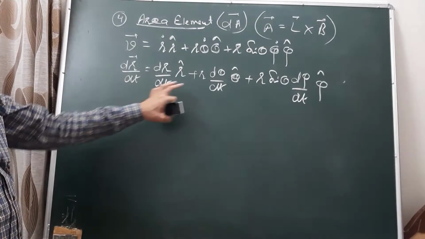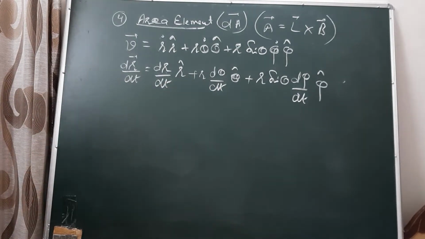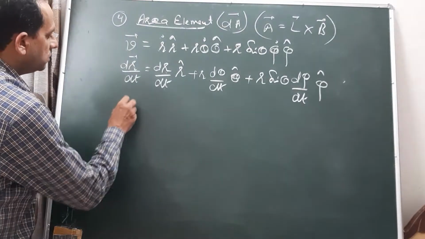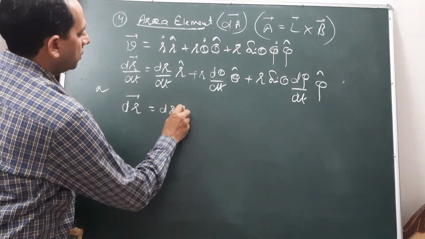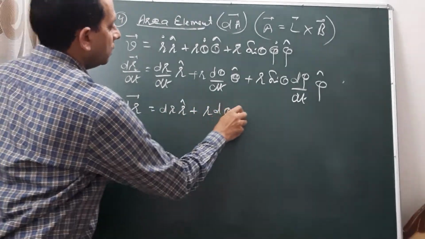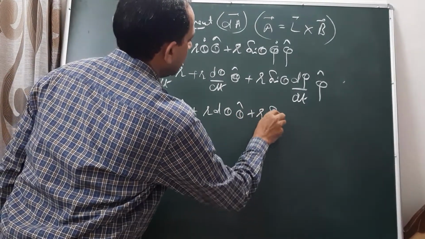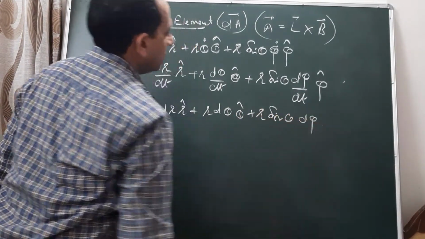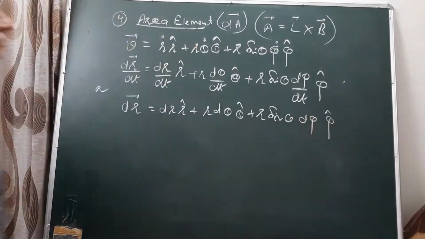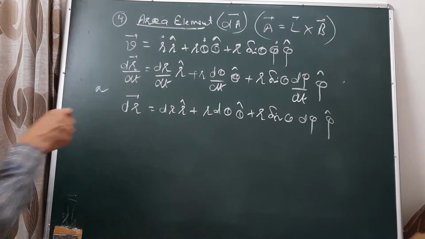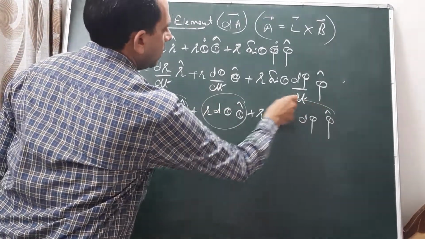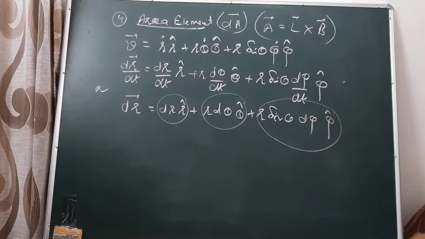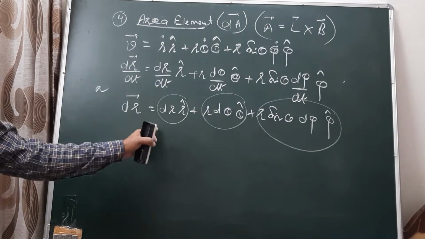So this is derivative form. If we cancel dt from both sides, then the remaining equation is the equation of dr. So we may write this equation as dr into r cap plus r d theta into theta cap plus r sin theta into d phi into phi cap. So this one is the first element, second element and third element, like dx dy dz.